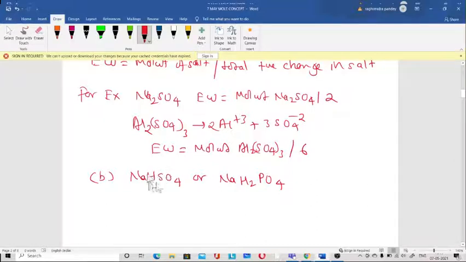So if there is a replaceable hydrogen, then the number of hydrogens is what we divide by. Suppose you take NaHSO4, the equivalent weight of NaHSO4. There is one replaceable, or releasable, hydrogen.